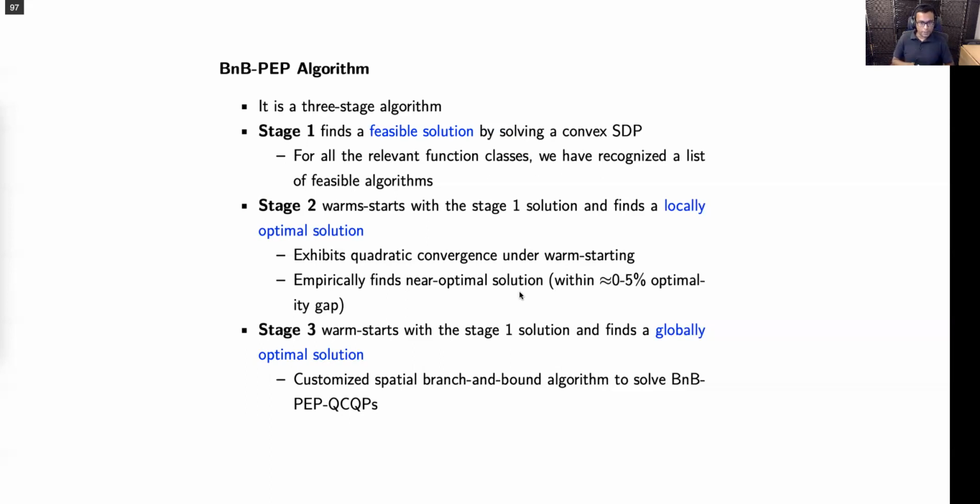Stage three takes the stage two solution. Okay, this is a typo, this should be stage two. The locally optimal solution that we find in stage two, we use to warm start our customized spatial branch and bound algorithm, and then we find a globally optimal solution.